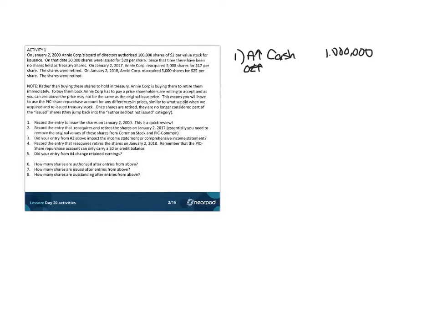Common stock goes up for the par value of those shares, which is $2, and we issued 50,000, so that is 100,000.